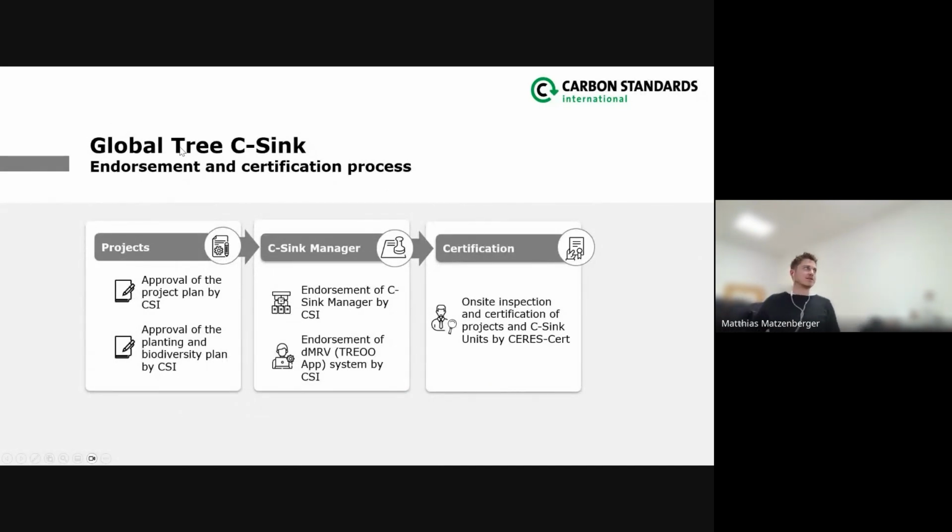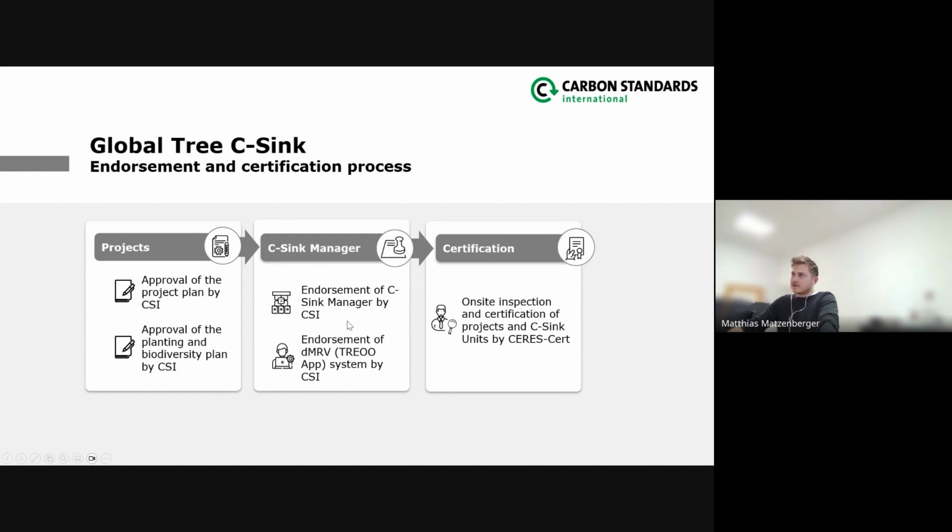Maybe to start with, I want to introduce how the endorsement and certification process looks in global tree sinks. It all starts with the sink manager and its project. First, we have the approval of the project plan by Carbon Standards International, and the approval of the planting and biodiversity plan.